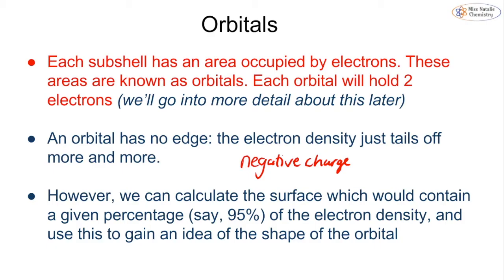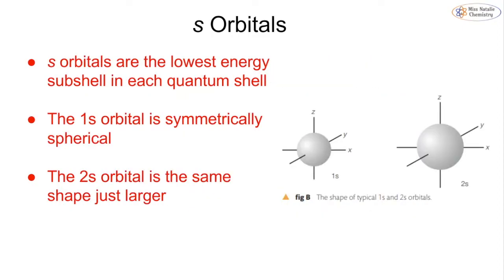But what we can do is we can calculate the surface that's going to contain the majority, about 95% of this negative charge or electron density, and it then tells us the shape of the orbital. And you need to be able to know the shapes of the S and the P orbitals because you can be asked to draw these in an exam. But don't worry, they are very, very simple. So let's start off by looking at the s orbitals. So we've already said that the s orbitals are the lowest energy subshell in each quantum shell.